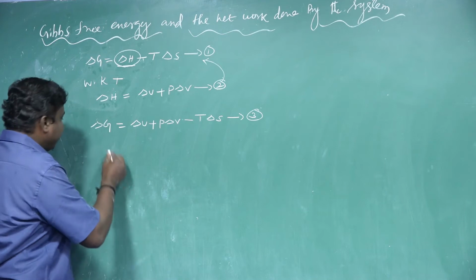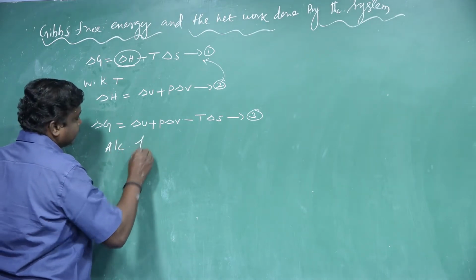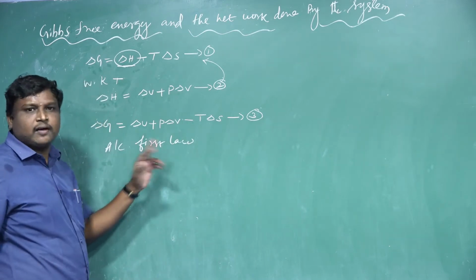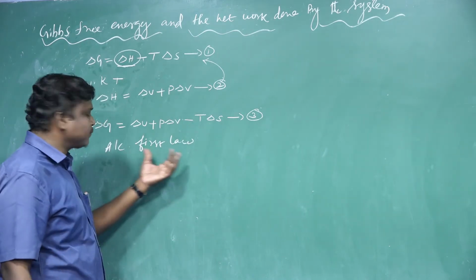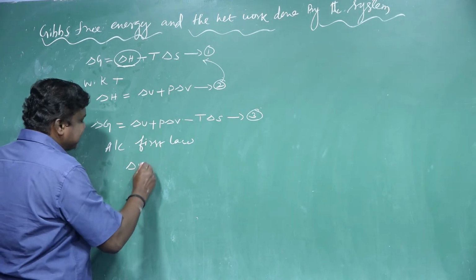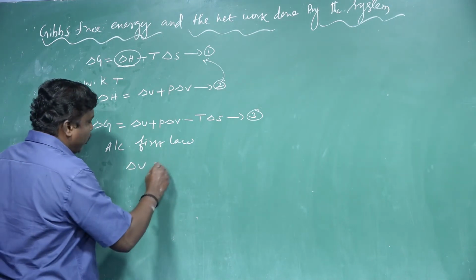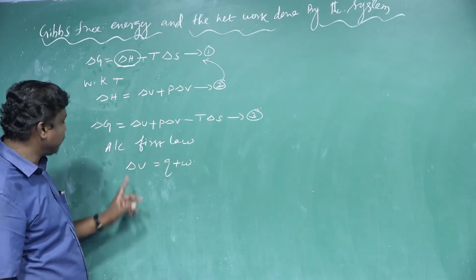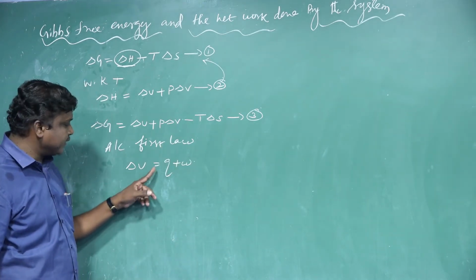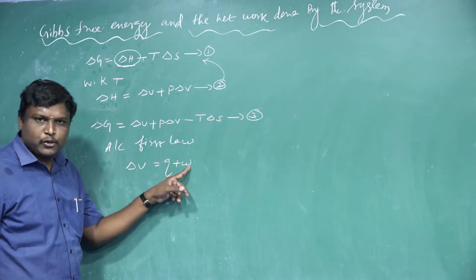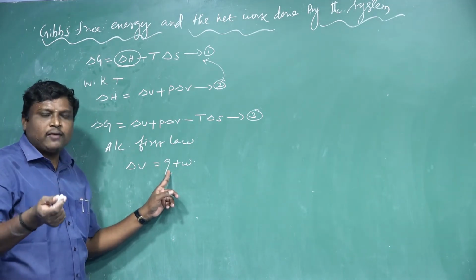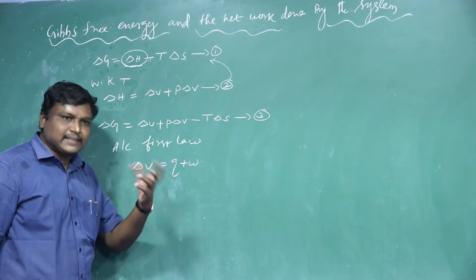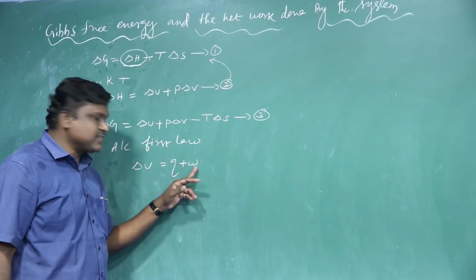According to the first law of thermodynamics, the change in internal energy ΔU equals Q plus W, where Q is the amount of heat absorbed or liberated, plus work.